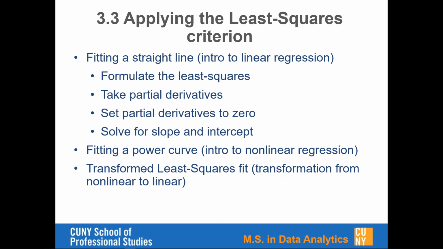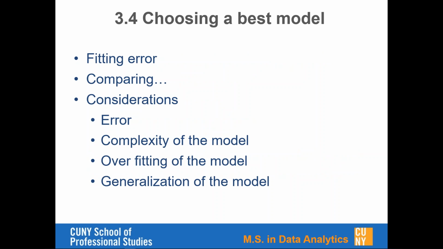And then we could transform the least squares fit from nonlinear to linear. Essentially, if you take a logarithm of the specific power curve, you would be able to translate that to some sort of linear equation.